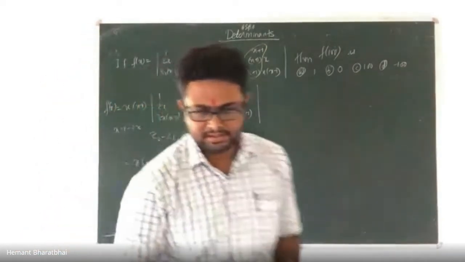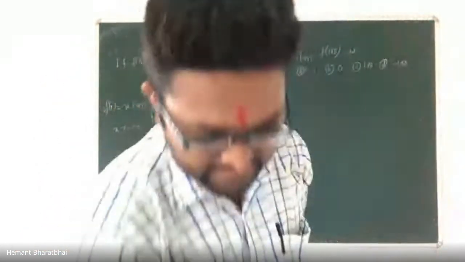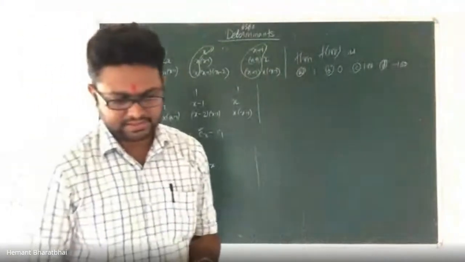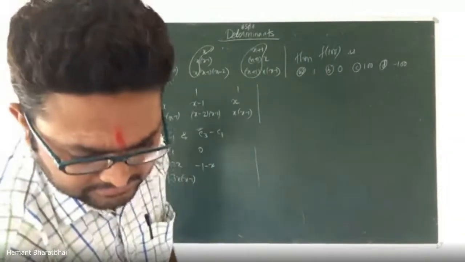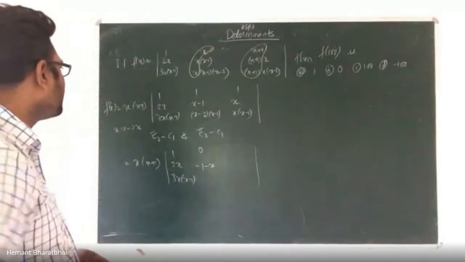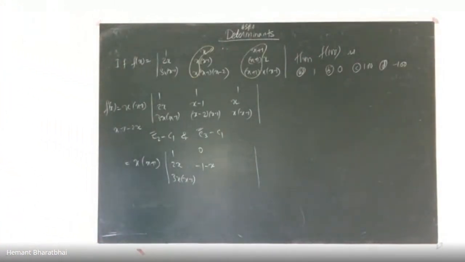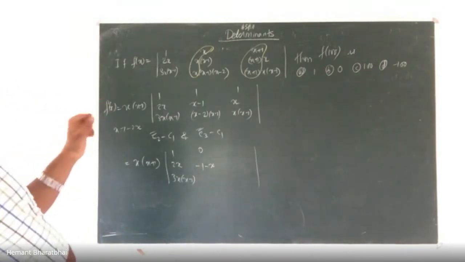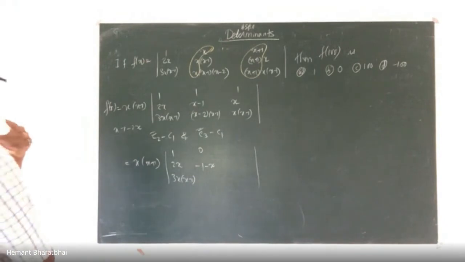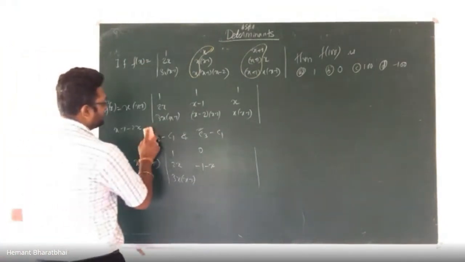Let me just rethink, otherwise it will make life complex for us. Or instead, this 2x minus x, and here I have x into x minus 1, here I have 3x into x minus 1.